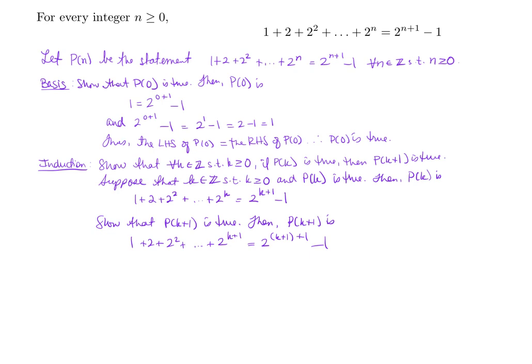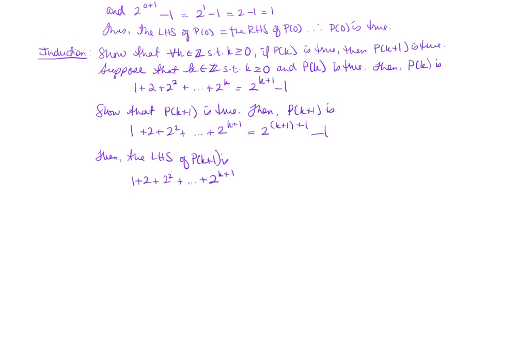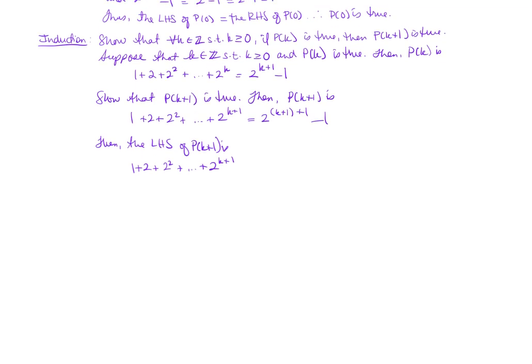So now we're going to work with just the left-hand side, and then we're going to work with the right-hand side. So let's see here. The left-hand side of P of k plus 1 is our 1 plus 2 squared plus all the way up to 2 to the k plus 1. And I'm going to scroll a little here so we have room to work.